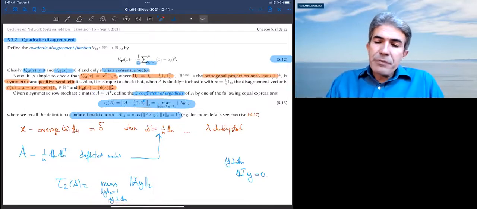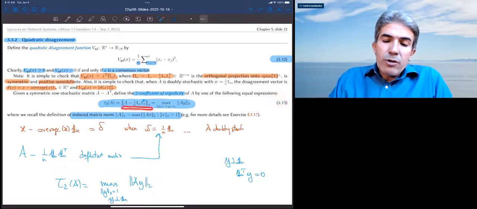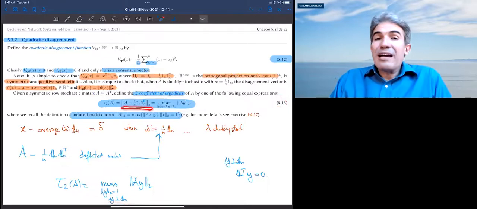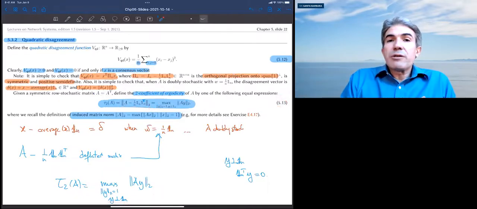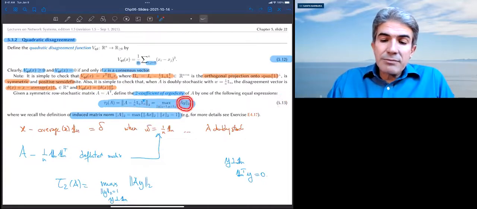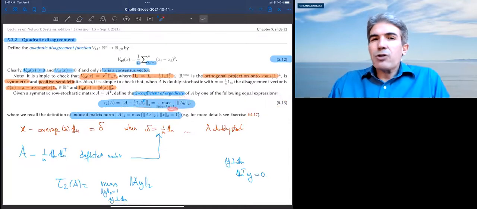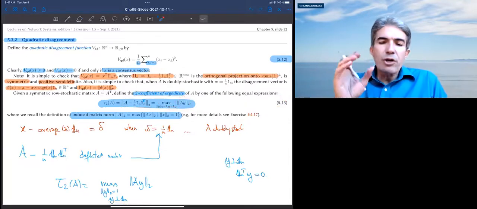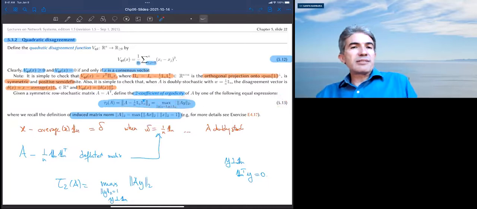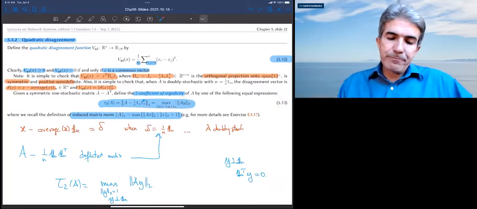And so essentially, in this formula 5.13, the coefficient of ergodicity is either the induced norm of the deflated matrix, so I subtract something from the matrix, I deflate the matrix, and then I take the induced norm, or I look at the possible maximum amplification of the matrix, which would be the induced norm, but as argument, I only use arguments that are perpendicular to 1n. So I hope you see that both definitions have something in common. They both, in some sense, get rid of the 1n, 1 eigenpair for the matrix A.